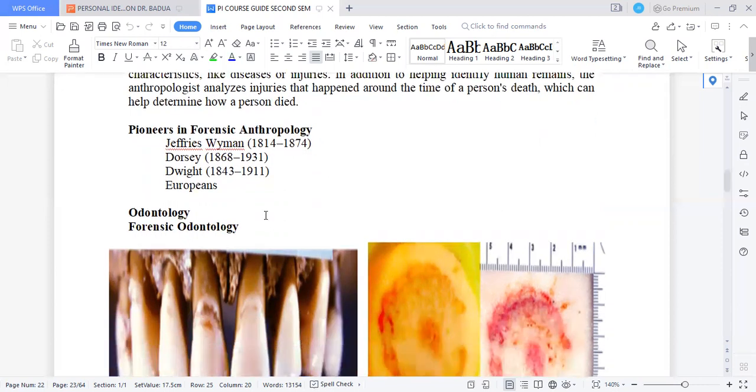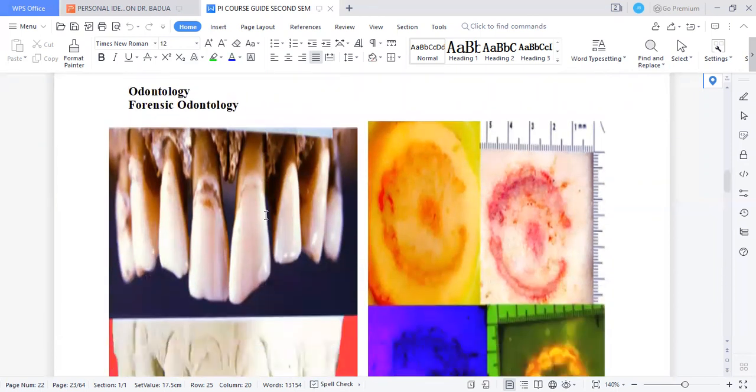Okay, after forensic anthropology, we also have forensic odontology. By just looking at the image alone, we can now have something in mind that this field of study has something to do with the examination of the teeth.